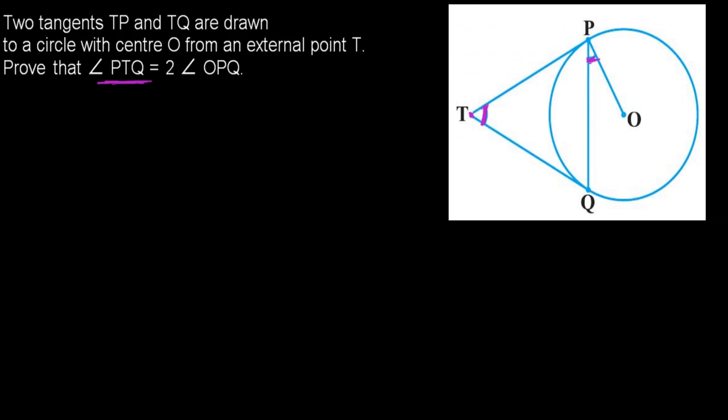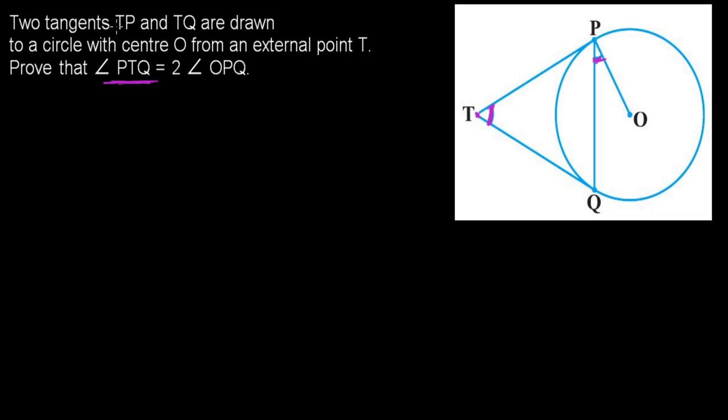All right, let's take a look. So here tangents TP and TQ are drawn to a circle with center O from an external point T. As I told you, from an external point you can just draw the two tangents, and both tangents must be equal. So here TP and TQ are equal. If TP and TQ are equal, then definitely, as I told you, if you join these two points of contact, you can get an isosceles triangle.